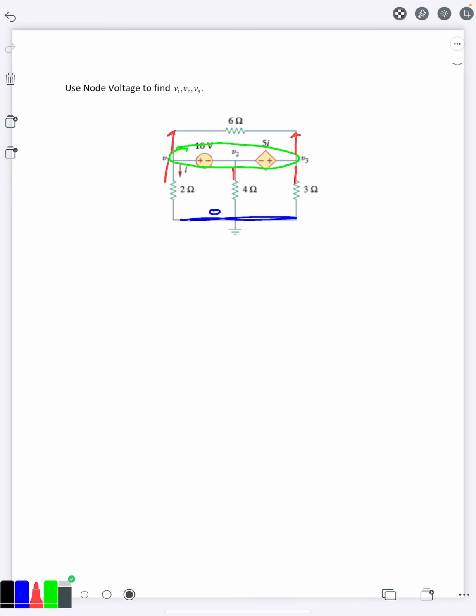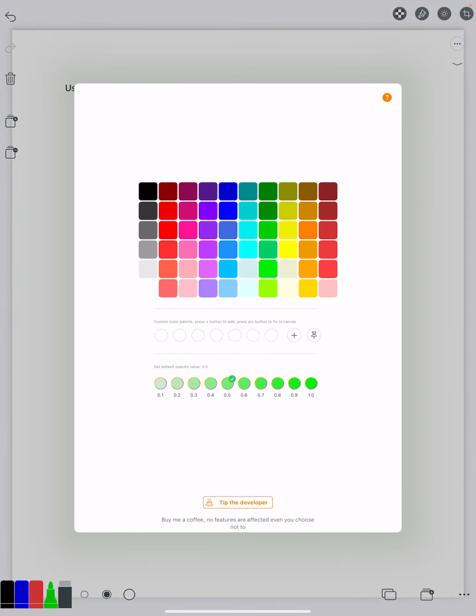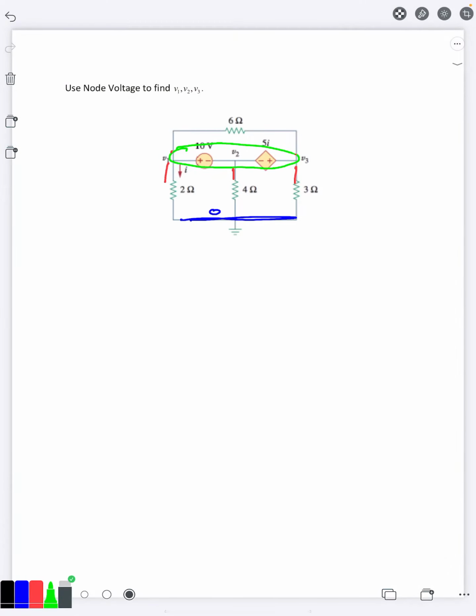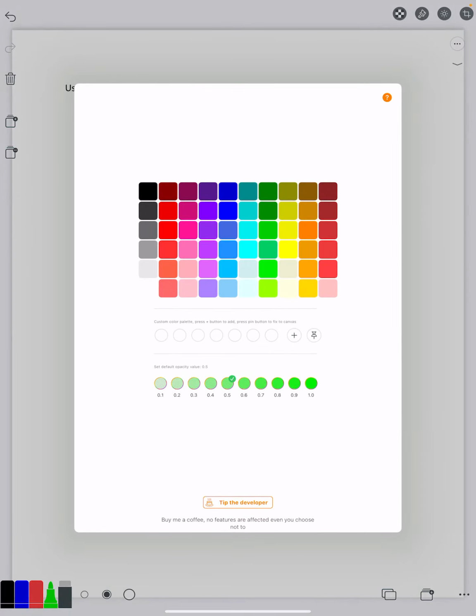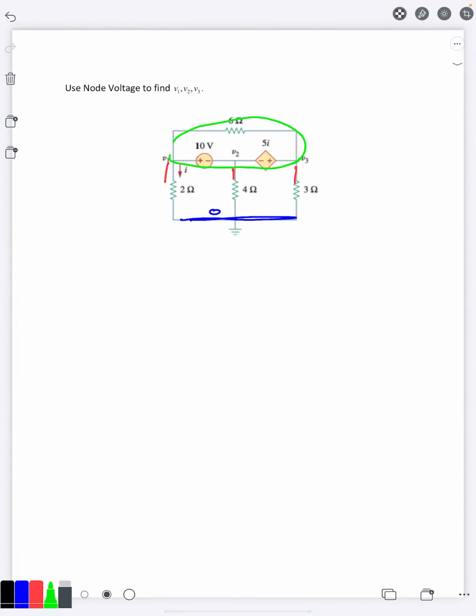So one thing with supernodes is if you have a resistor that is in parallel with the supernode, then what you can in fact do is you can just include that in your supernode and really just have to look at the currents leaving the supernode. Now it's just going to be these three currents here. So that's a little bit of an advanced technique, but you would see if you actually wrote out the equations that those two terms would cancel out.